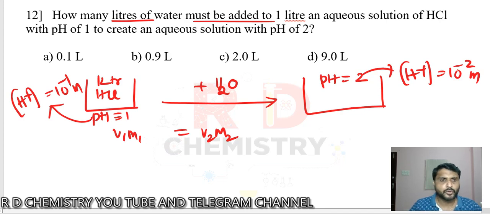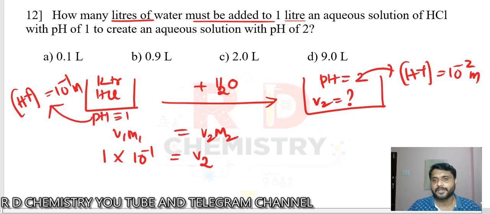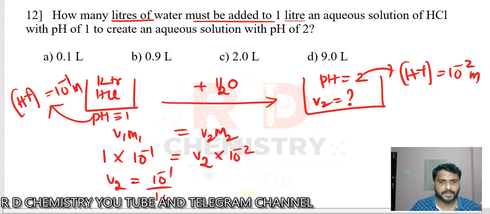Initially they are taking 1 liter into molarity 10 power minus 1 is equal to the final volume, which we don't know. How much dilution has taken place we don't know. The final volume V2 into molarity 10 power minus 2. So V2 is equal to 10 power minus 1 divided by 10 power minus 2, equal to 10 power plus 1. That means altogether 10 liters.